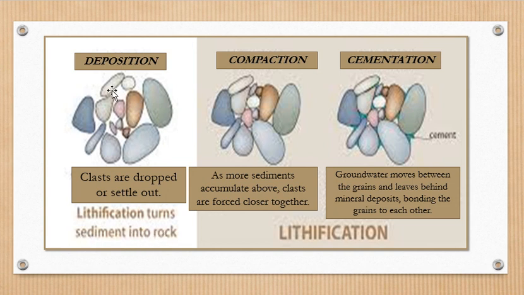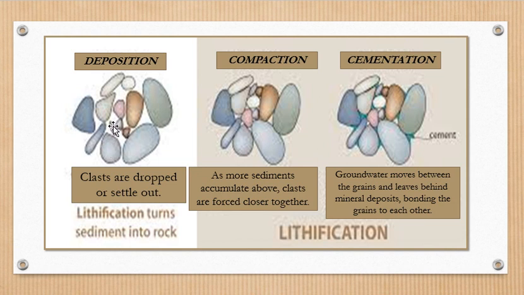First, those sediments or particles will be deposited. That is deposition. Clasts refer to the small rocks that are broken off from a bigger rock when they undergo weathering or erosion.